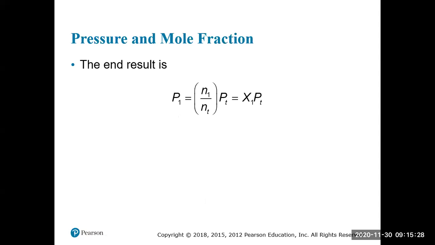That ratio of moles, we said, is defined as the mole fraction. So that can be rewritten as X1, the mole fraction of that first gas that we're talking about, times the total pressure.